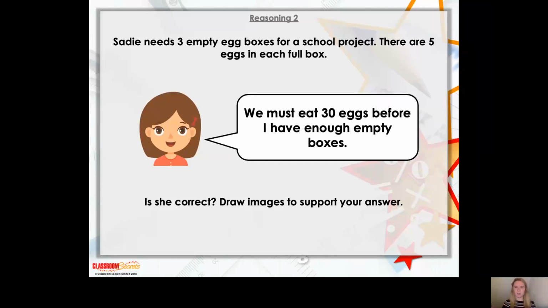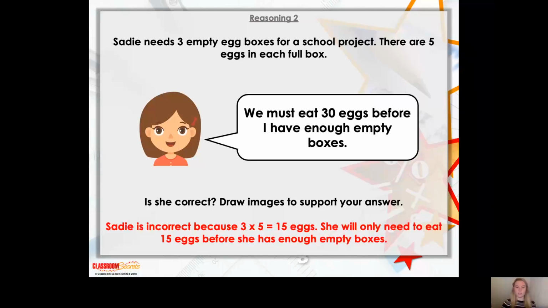So is she right? Does she need to eat 30 eggs? No, she doesn't, does she? She is incorrect because 3 multiplied by 5 is 15. She will only need to eat 15 eggs before she has enough. Now, I've got a question for you. How many boxes could she fill if she ate the 30 eggs? What do you think?